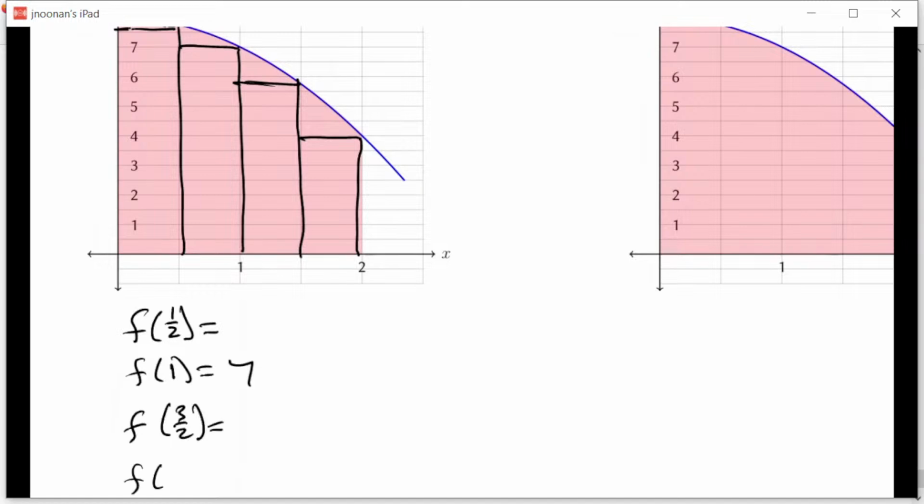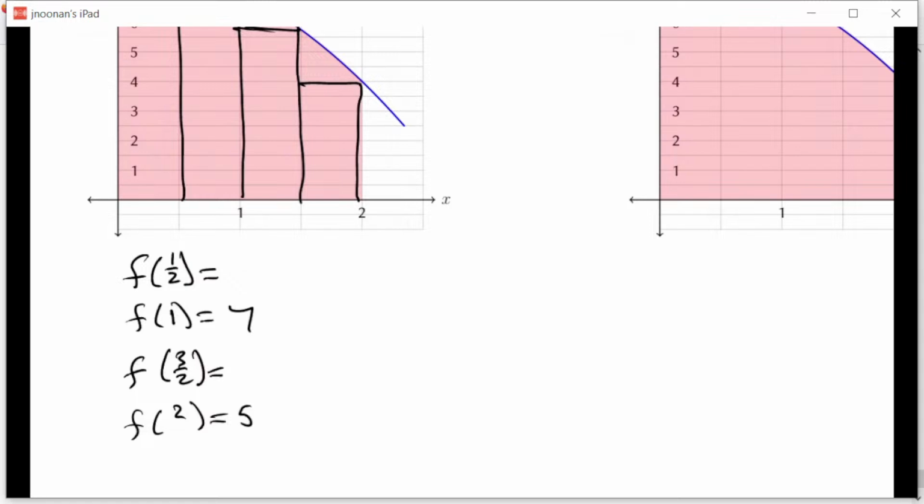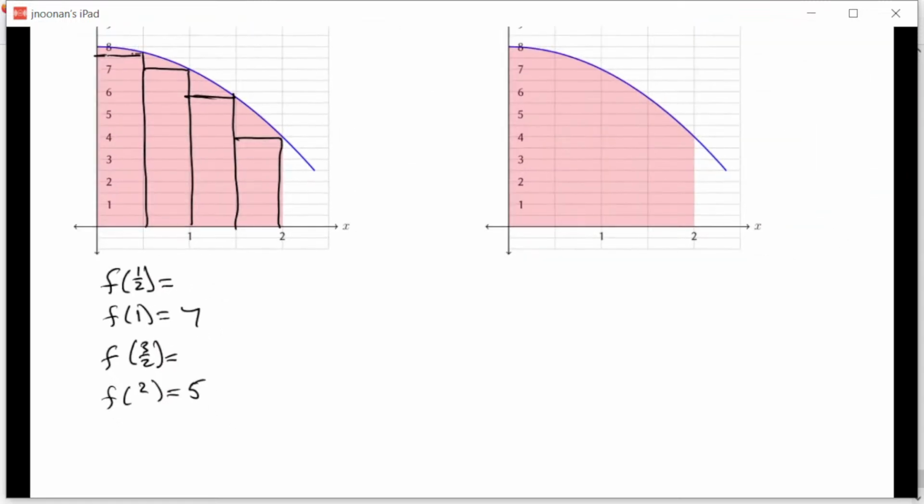Did you not multiply by a really important number? Okay, let me help you out.